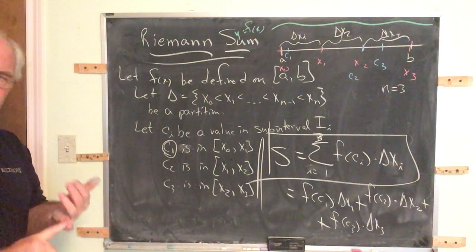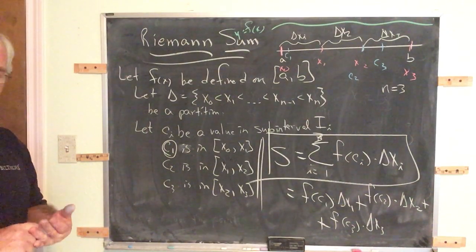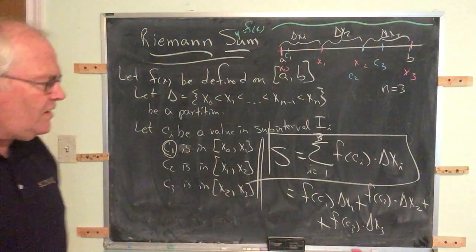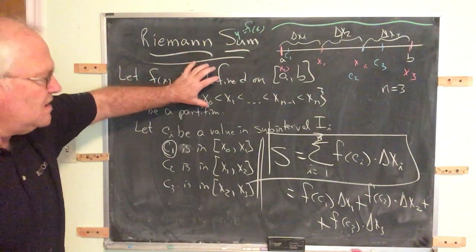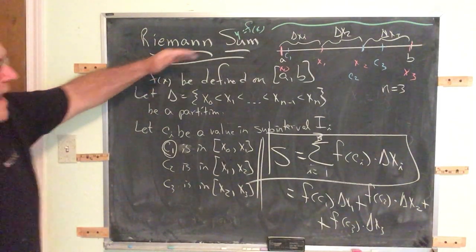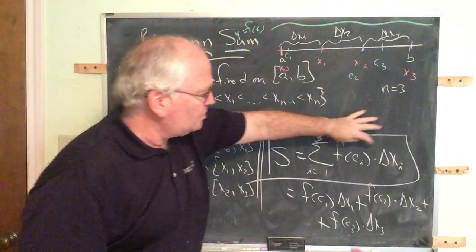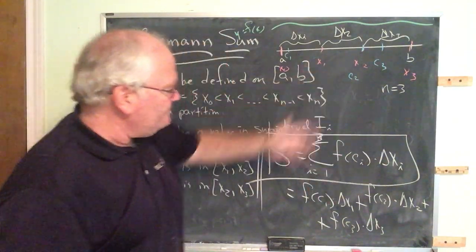This is used in physics, chemistry, biology, anywhere that integral calculus is used from here on out. This is fundamental to the work we're going to be doing. Simple ideas. An interval chopped up, pick a number from each of those, define the function, multiply by the width, add them all up, and you get a number.